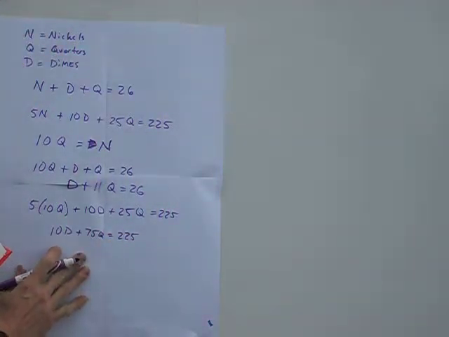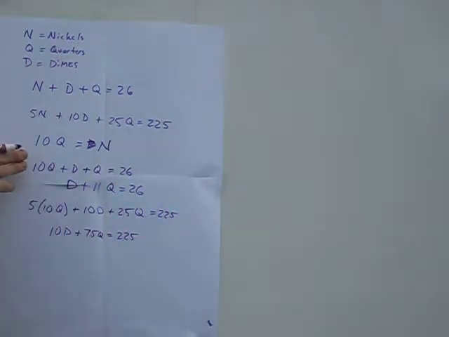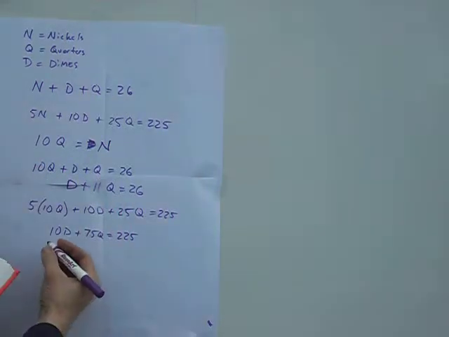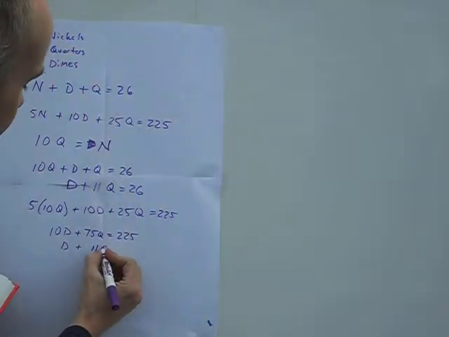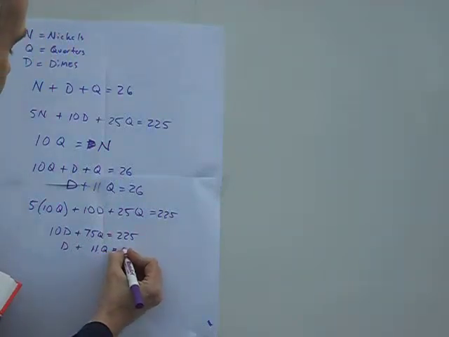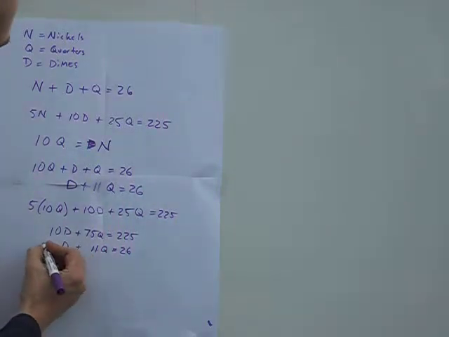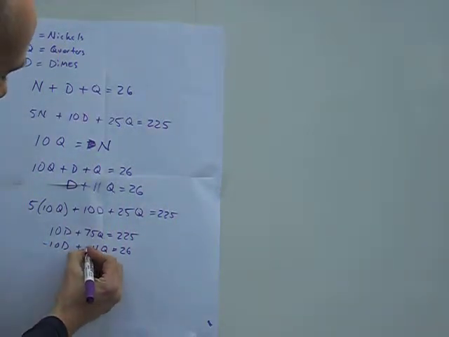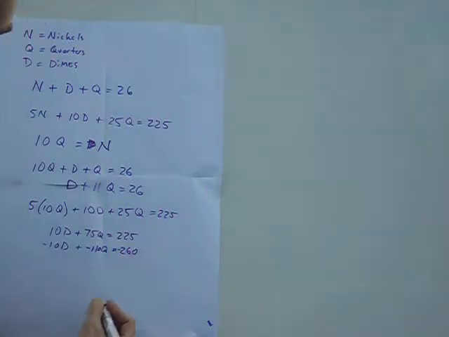Okay. And we're going to go ahead and use elimination on this one. So we're going to use this equation here and this equation here. So we have d plus 11q is equal to 26. And now we're going to multiply through by negative 10. So we have minus 10d, minus 110q, and minus 260.